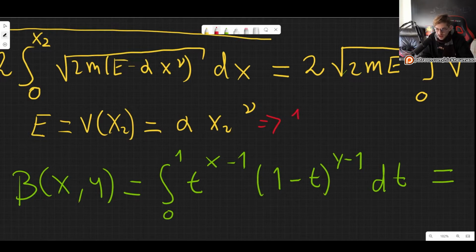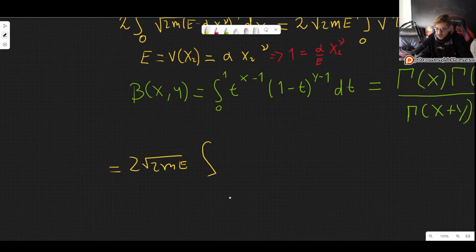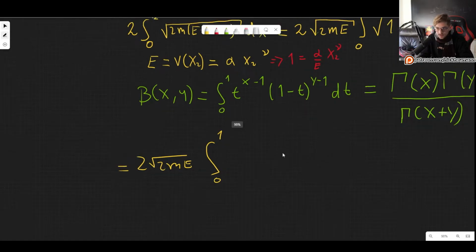Or, written another way, if I divide by e, 1 is equal to alpha over e times x2 to the nu power, which is precisely the upper limit of integration. So that means that our new limits of integration are 0 and 1. So we can see that with this change of variable, we're doing pretty good.